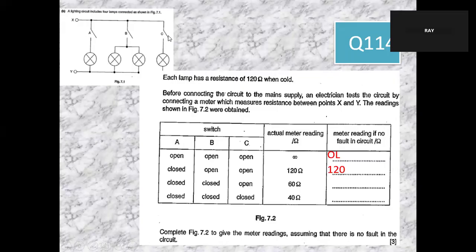So these two are in parallel. These three are in parallel. So you should get 40. 120 divided by 3 is 40 ohm. But you get 60 ohm here. Then all close, you should get 30 ohm, four of them in parallel. So the fault is here. One of them is spoiled here.